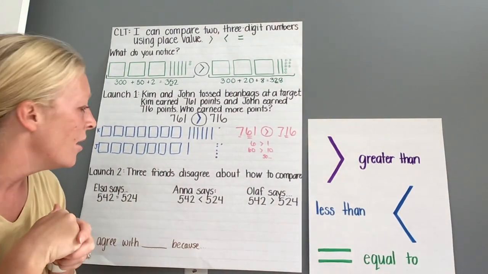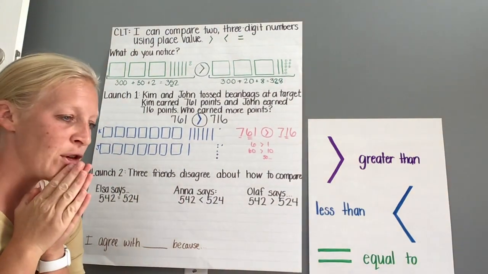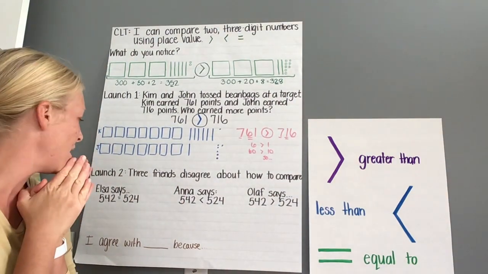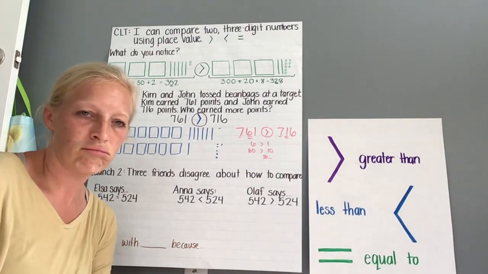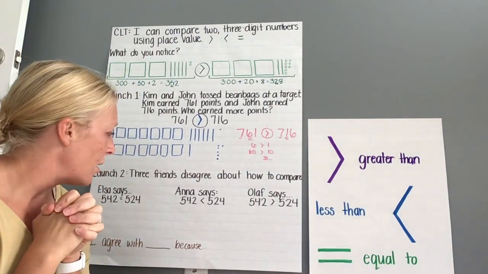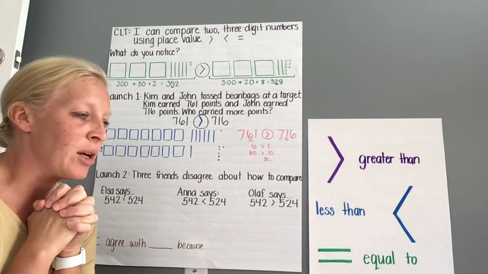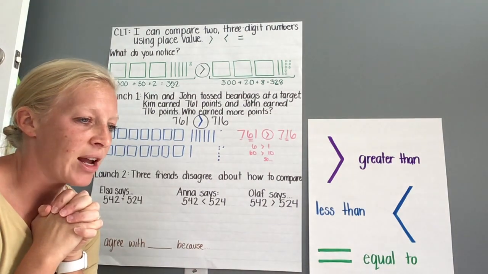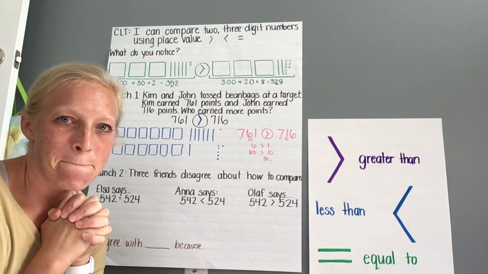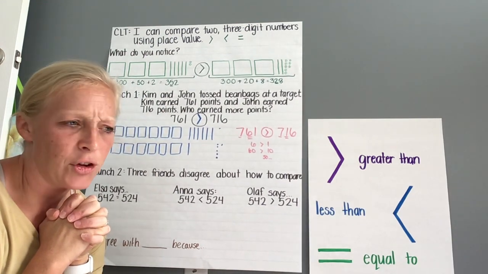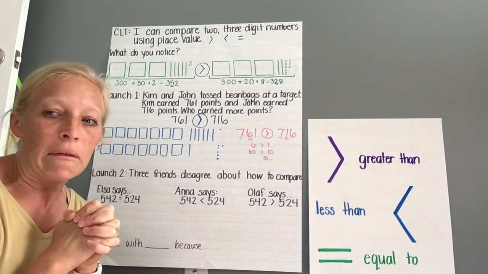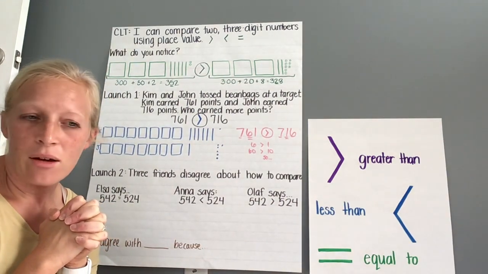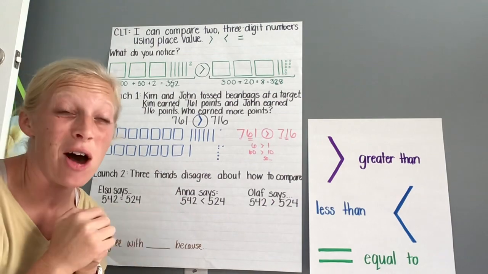Okay, if you agree with Elsa, raise your hand. If you agree with Anna, raise your hand. If you agree with Olaf, raise your hand. Well, I told you to draw me a model to prove it.